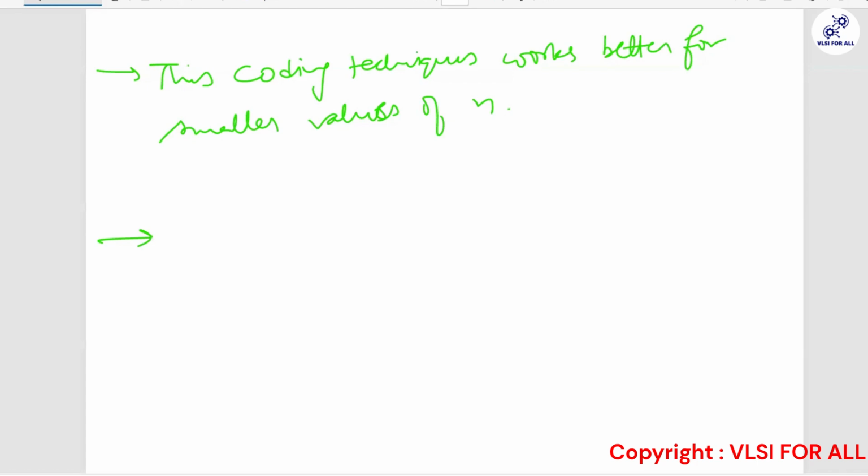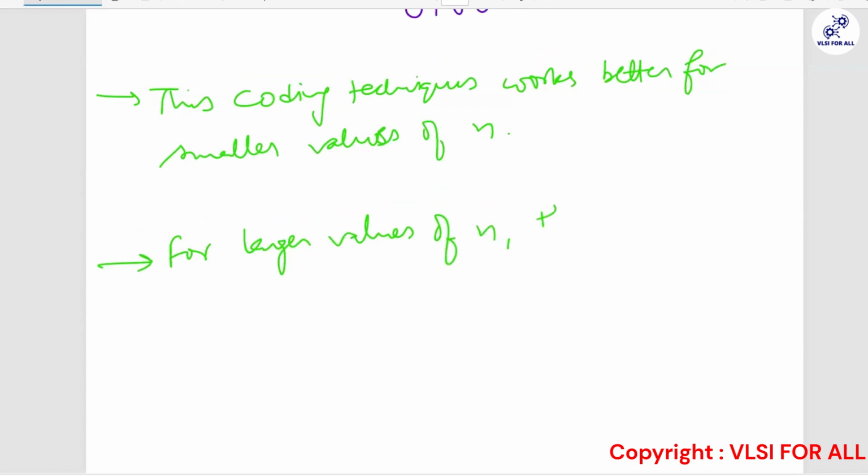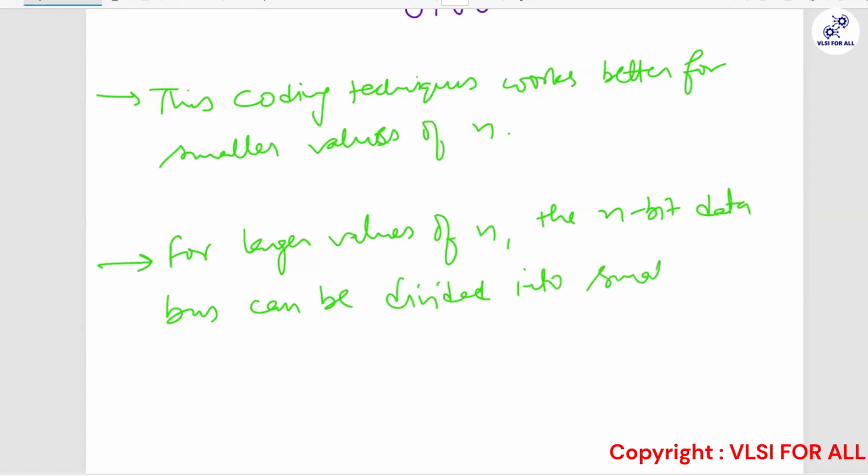So for larger values of n, the n-bit data bus can be divided into smaller groups, and each group is encoded independently.